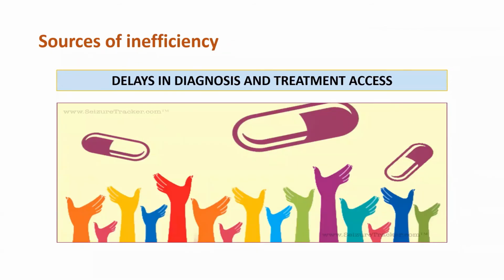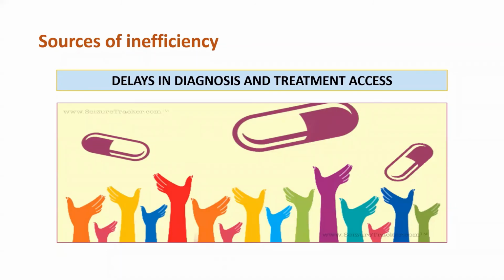One of the most important sources of inefficiency in the system, not only in pharmacy practice, is the delay in diagnosis and treatment access. When patients do not reach the physician or the healthcare system in a timely manner, then they progress. And if we are talking only about the economic perspective, they will cost the system more.